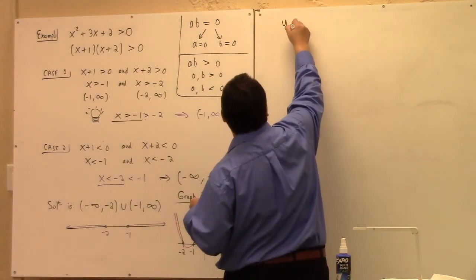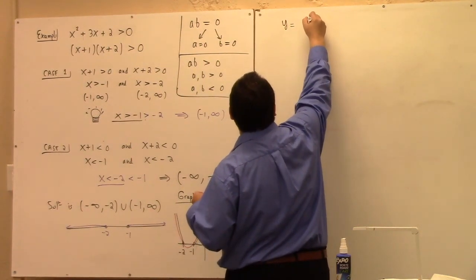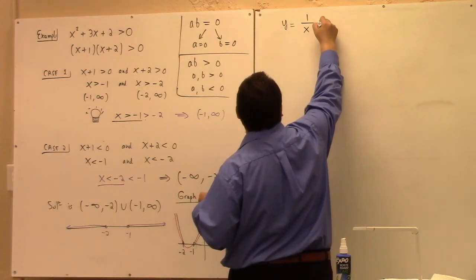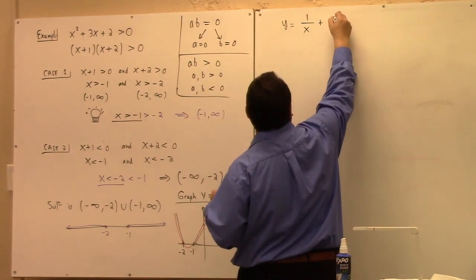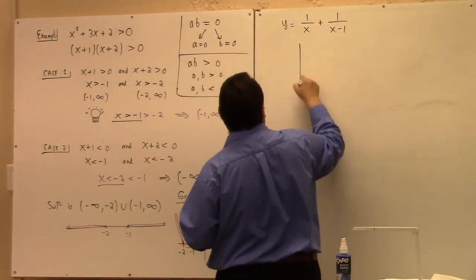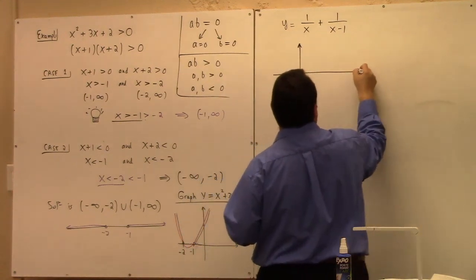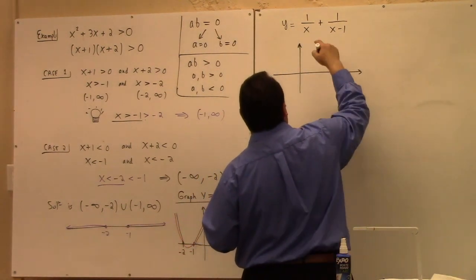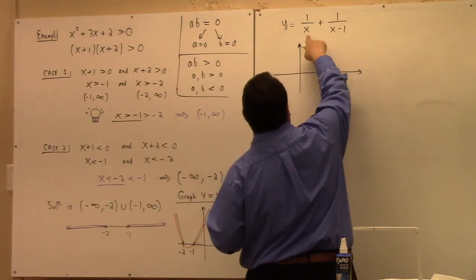If we looked at y equals, say, 1 over x plus, I don't know, 1 over x minus 1, something like that, then let's see here. Let me try plugging in a value.